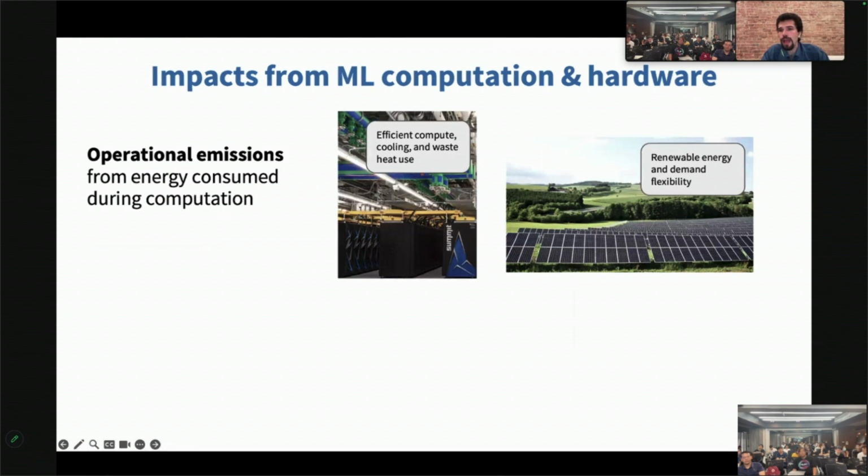And avenues to improve that are using efficient computational techniques, efficient algorithms, and efficient computation in the data center itself, like cooling and waste heat use. And there's also using renewable energy to lower the carbon cost of producing that energy.